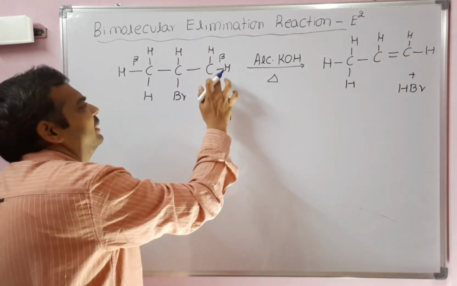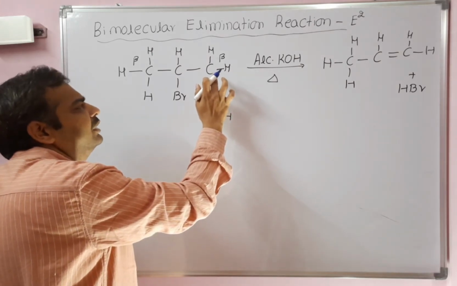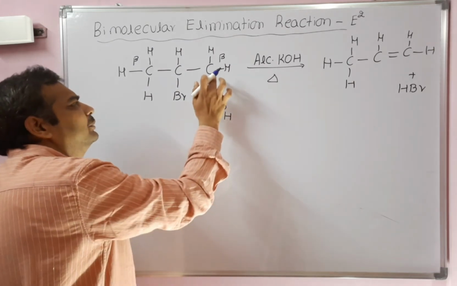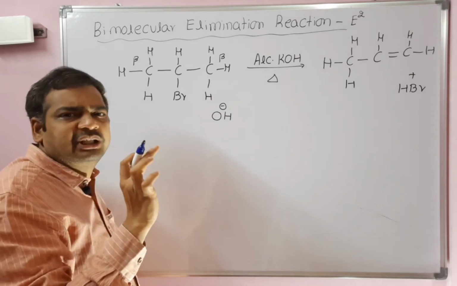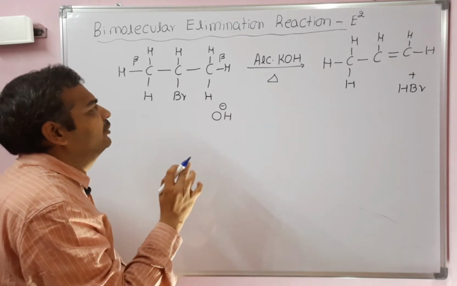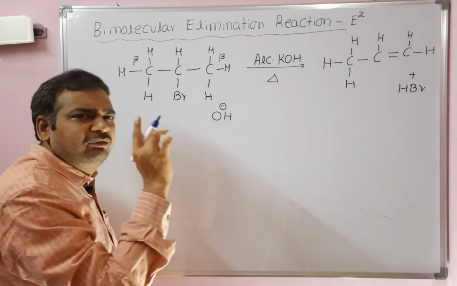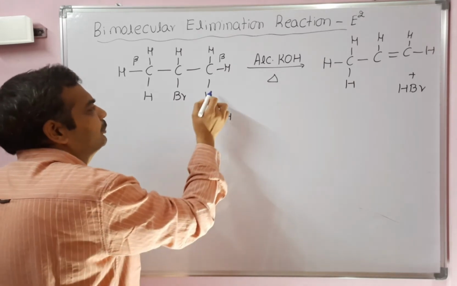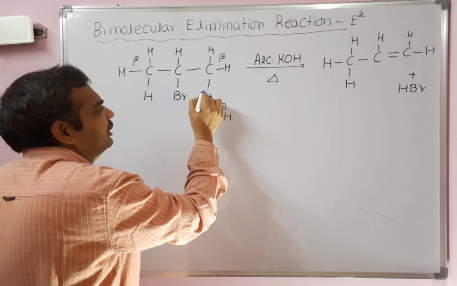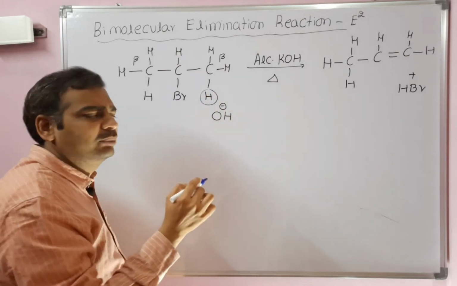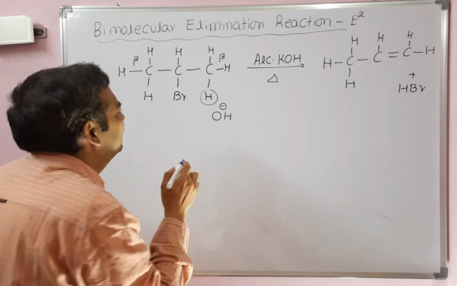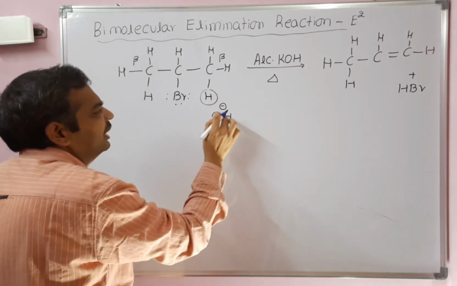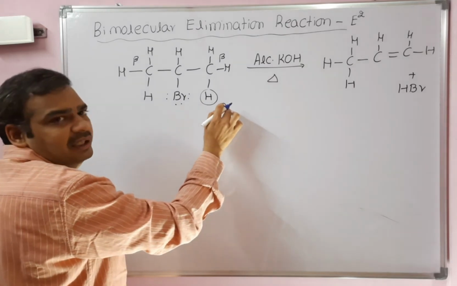Let us say a base abstracts a beta hydrogen at this beta carbon. So at this beta carbon, 3 hydrogens are present. Among these 3 hydrogens, base abstracts only 1 hydrogen. Which hydrogen will be abstracted by the base? Suppose we are trying to abstract this hydrogen, here there are lone pairs of electrons on bromine, negatively charged.